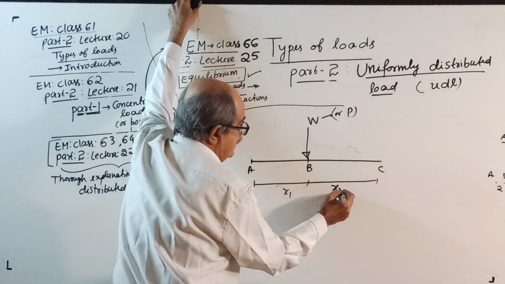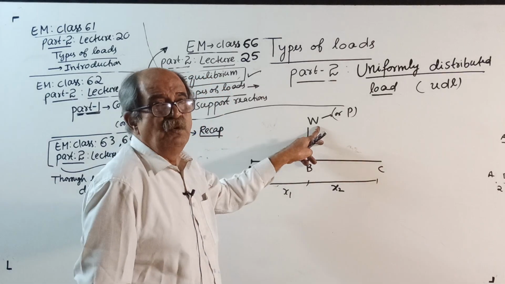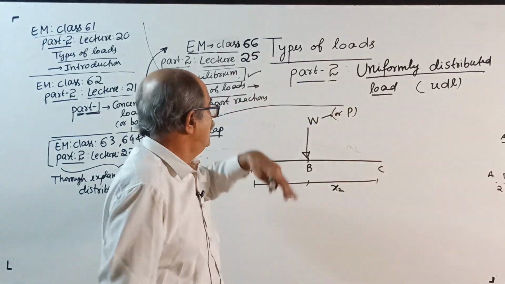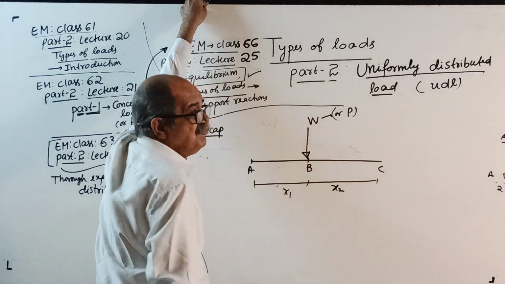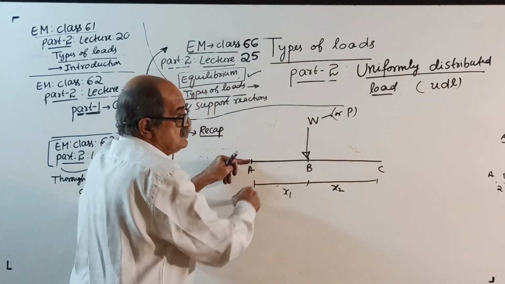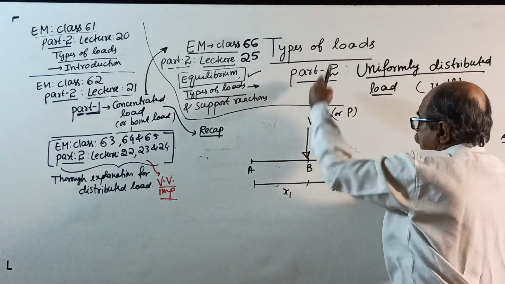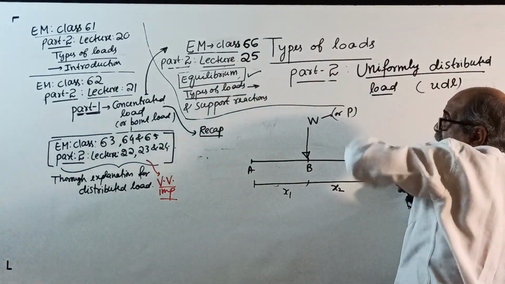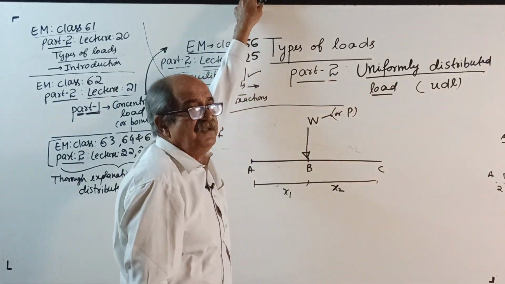So I told x1, x2. Then I told magnitude is W, or some people call P, vertically down. Line of action passes through B. If you want moment about A, W into x1 this way. If you want moment about C, W into x2 like this. If you want moment about B, 0, W into 0.